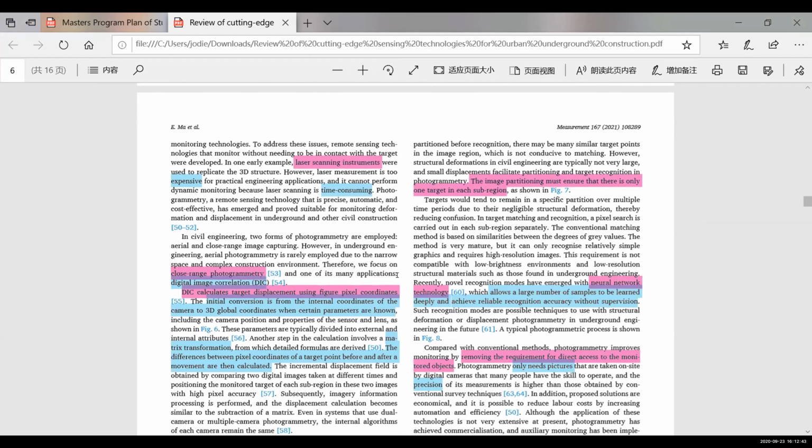To further understand the DIC principle, maybe you can search it on Google or YouTube to get more information.